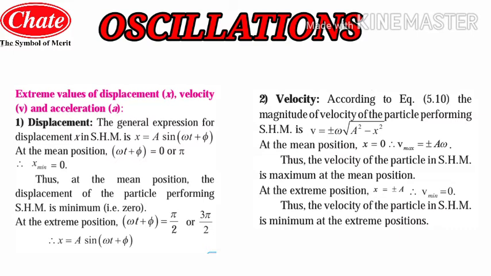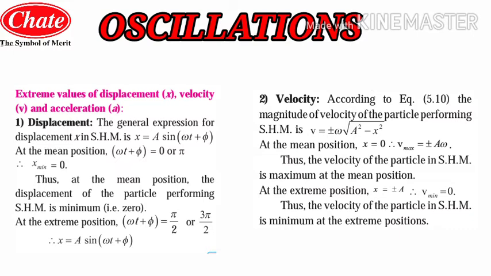The first case is when the block is at the mean position, meaning the block will be exactly at the equilibrium position. At that time x will be 0. Thus there will not be any displacement, so x will be 0 and v max will be plus minus a omega.